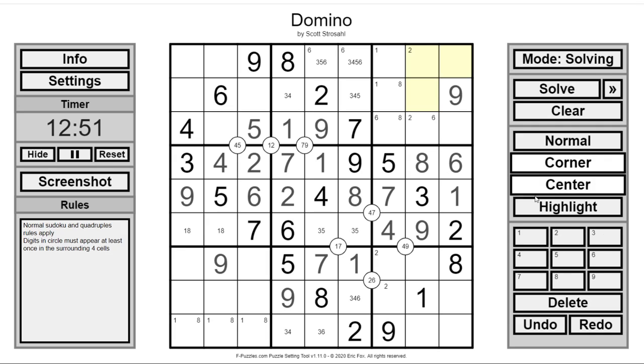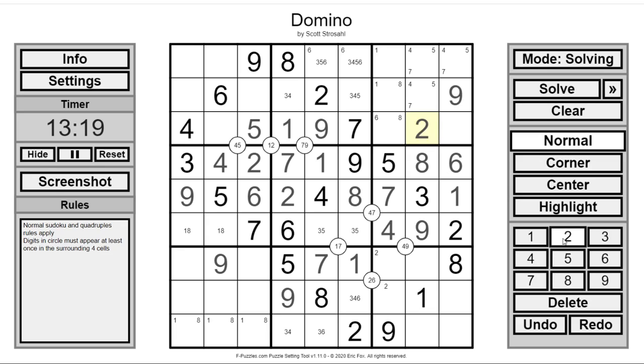Okay, so 4s are restricted to here. 7s are restricted to here. And 5s are restricted to here. That's gotta be it. So this can't be a 2. Yeah, 4s, 5s, and 7s.